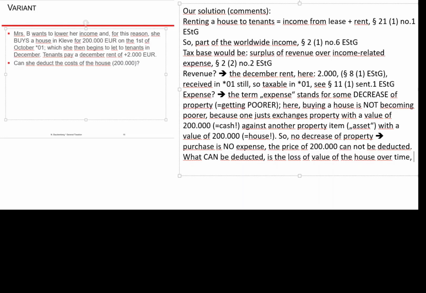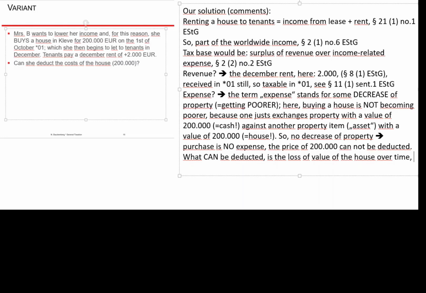And this is the fact with all so-called fixed assets, the things which you buy and use for your enterprise purposes, or which you use for producing income over time. They are subject to wear and tear, and so they lose their value, but they lose it constantly. And so the deduction of the complete price at the beginning would be wrong.